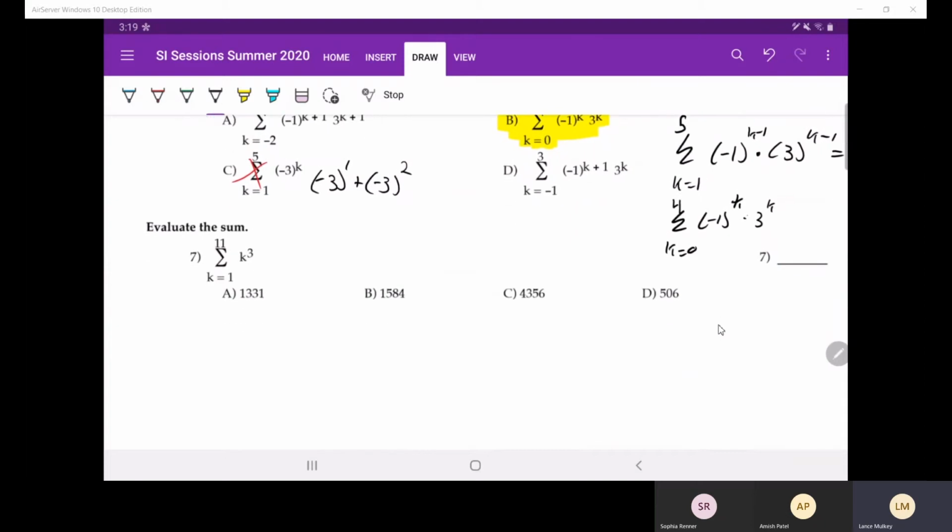Evaluate the sum. Ugh. Did y'all really do this by hand, or did you just use a calculator? The formulas don't come into play here.